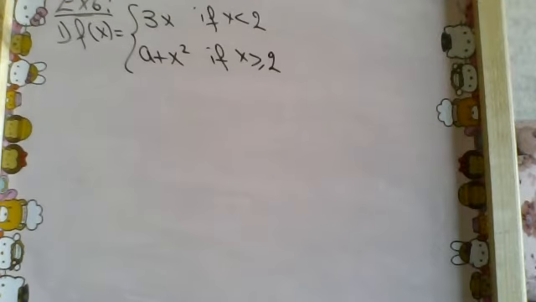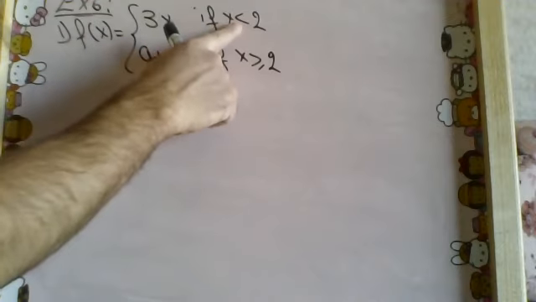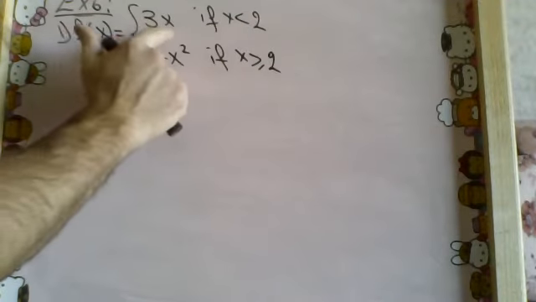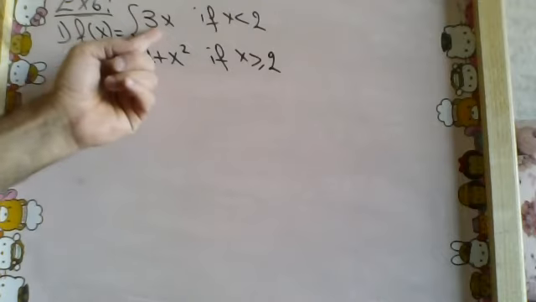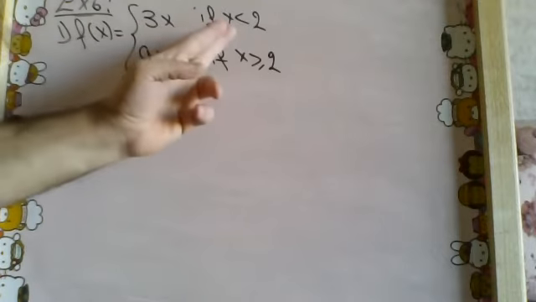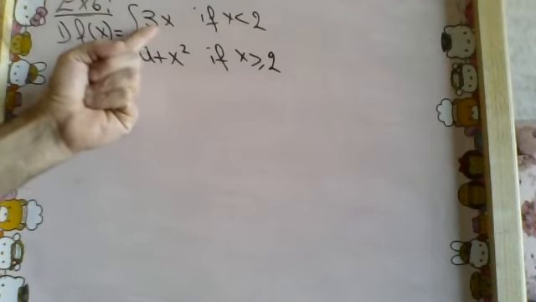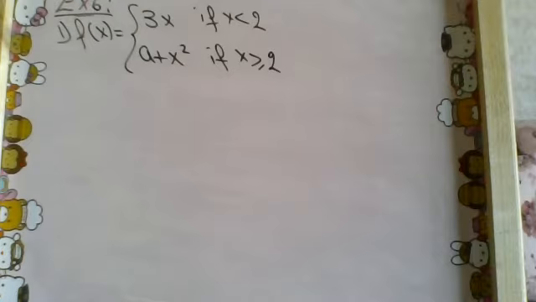Okay. One remark. If x is less than 2, f of x is equal to 3x, which is a polynomial function. It means that it is continuous.